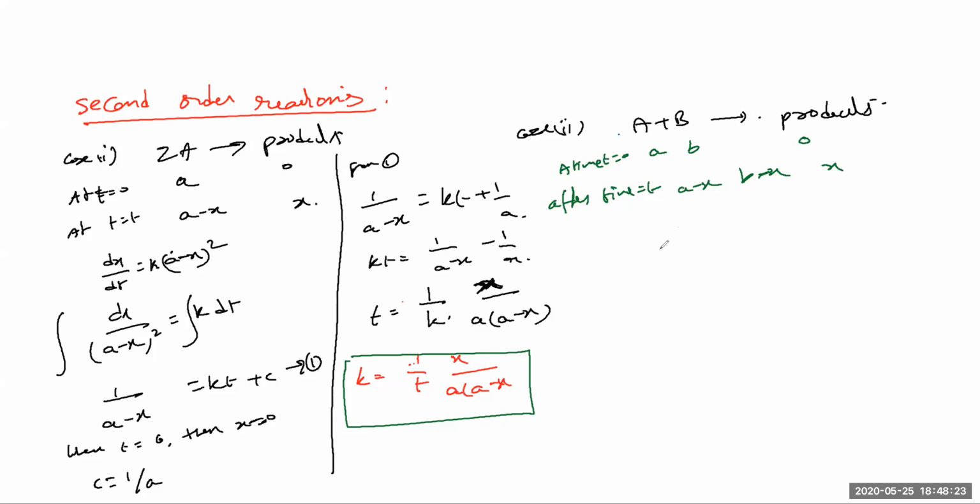So what is the rate of reaction? dx by dt is equal to k into a minus x and b minus x.